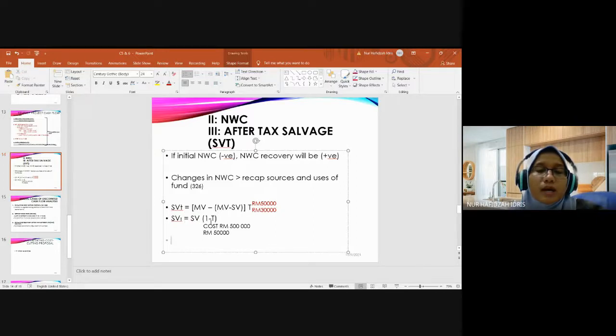Okay, so you akan pakai formula yang panjang ni, ada market value, when there are two values given. Value for the end of the project, dia ada bagi dua. You akan pakai formula yang pendek ini bila ada satu sahaja value yang dia bagi. Okay, so this is the after tax salvage.